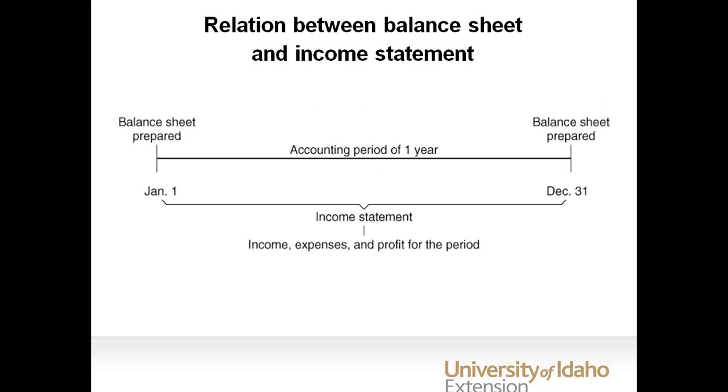Now we're going to turn to the income statement. Before we do, this diagram shows a similar one as we had earlier. This shows specifically the relationship between the income statement and the balance sheet.